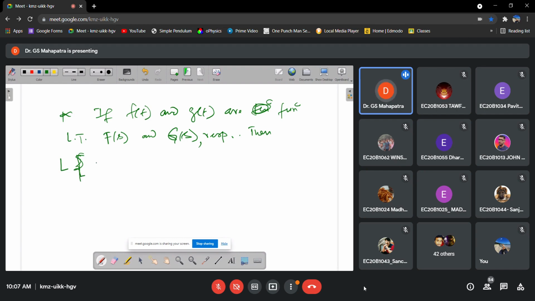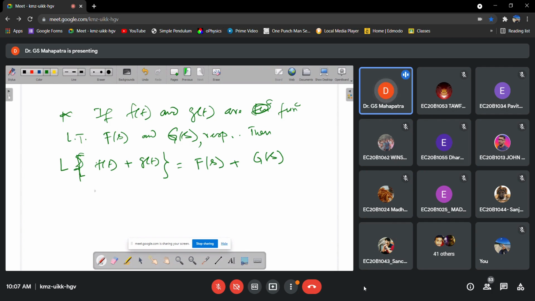F of t plus g of t. If you want to take the Laplace transform of these two, the answer is F of s plus G of s. What is the name of this type of property?